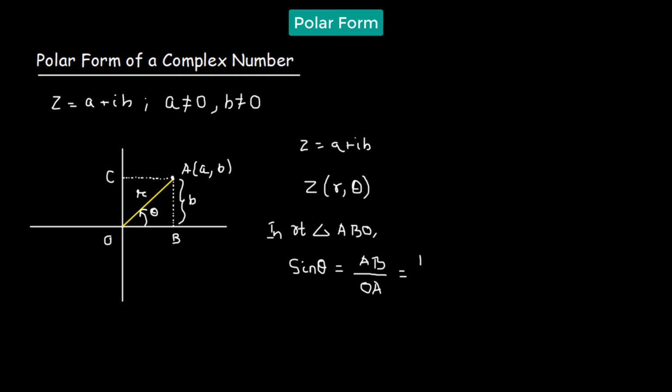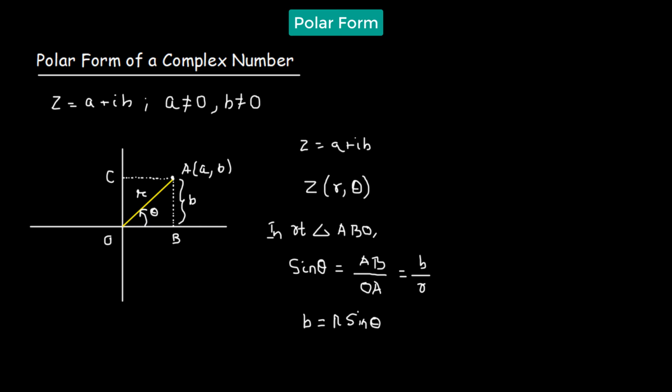So we have b over OA. OA is the radius, so here it will be substituted by r. Now we cross multiply, and that will give us the value of b, which is simply r times sine theta. So this is the value of b.